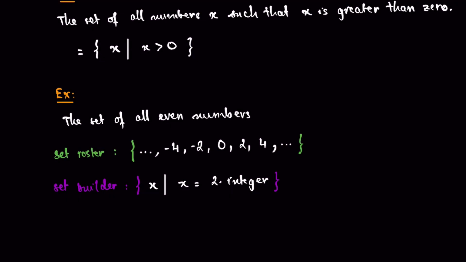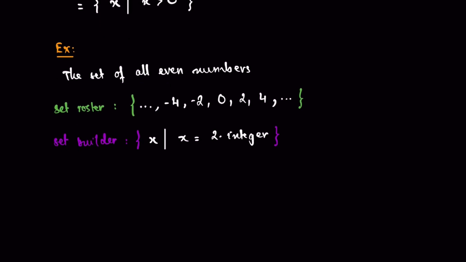So this particular notation already helps you describe the set of all even numbers. That is, you want to describe all numbers x such that x is equal to 2 times an integer. Integers, we're going to explore a little bit later, but the integers include numbers such as 1, 2, 3, 4, that's the positive integers. You can include 0, you can include negative integers as well, such as -1, -2, -3.